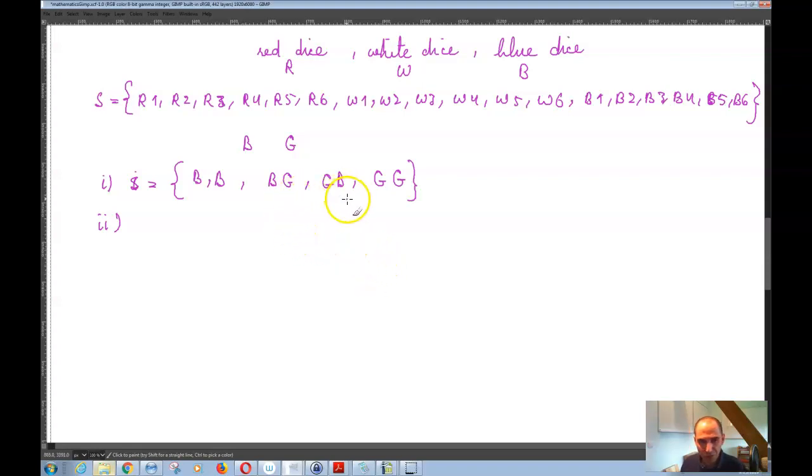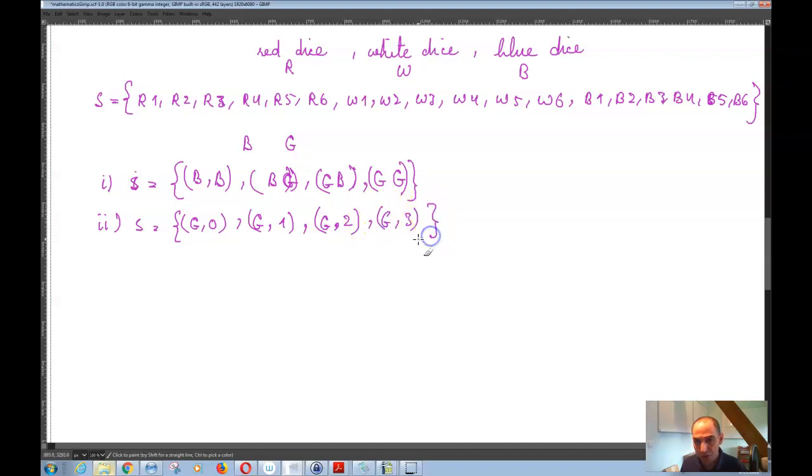So for example, in the same sample space, I could write G0, and then you could go for G comma 1, G comma 2, and G comma 3. Something like that.